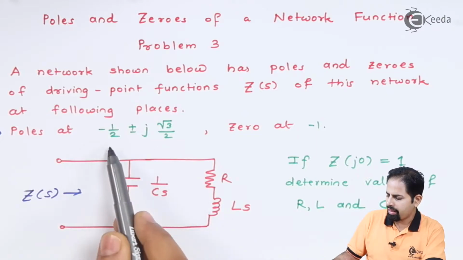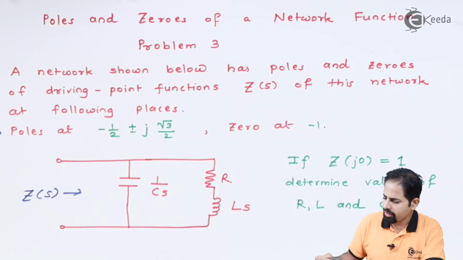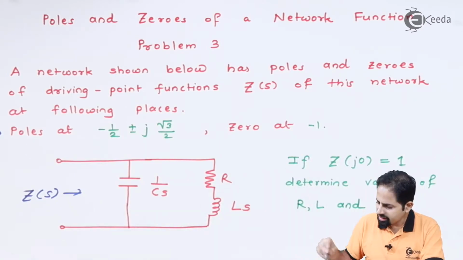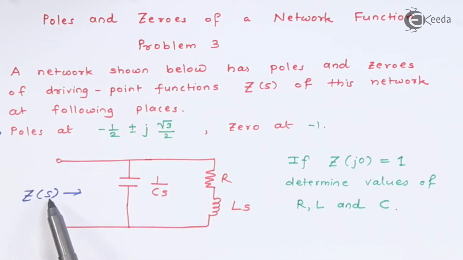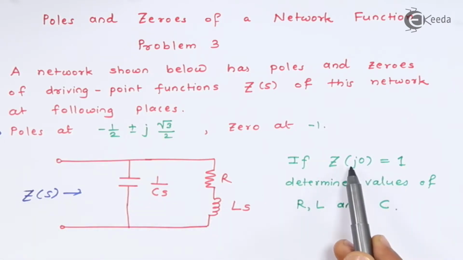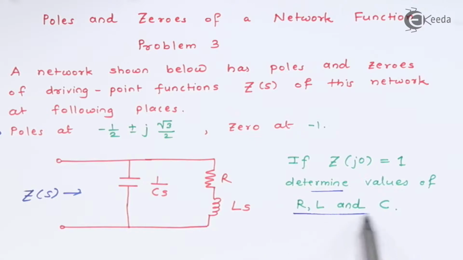Poles are at -1/2 plus minus j root 3 by 2 and zero at -1. One more piece of information is given: Z of j0, that means instead of Z of s, Z of j0 is equal to 1. And we have to determine the values of R, L and C.